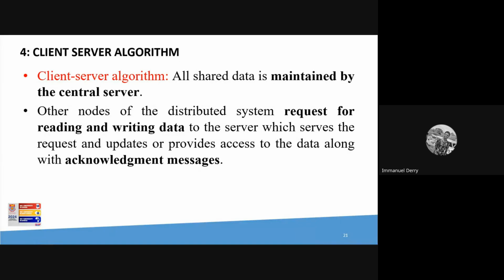And in the process of updating the information, they acknowledge with messages. Maybe it is successful. You've been able to update the message successfully, or you are not able to delete some information as well. So that is what the client server algorithm really does.